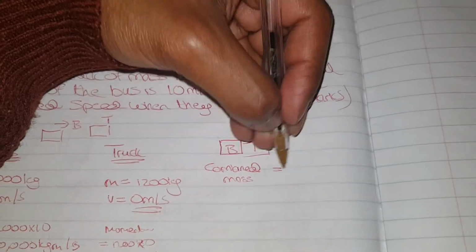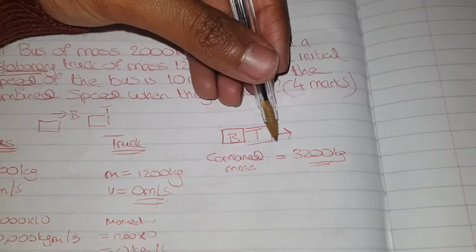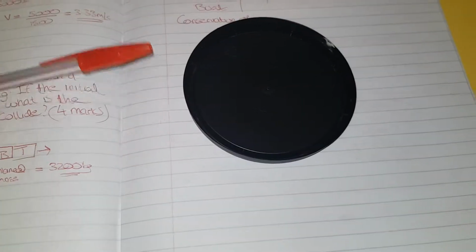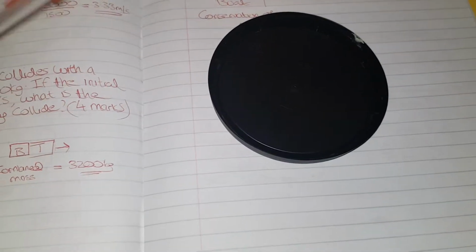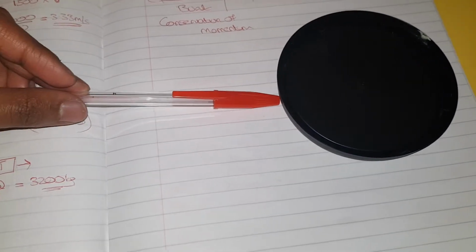These are the hardest questions they can give you for momentum. Your bus was moving, collides with the truck, and they both move together as one body, but obviously they move slower.